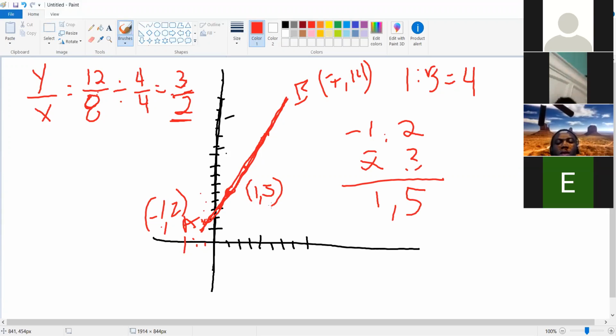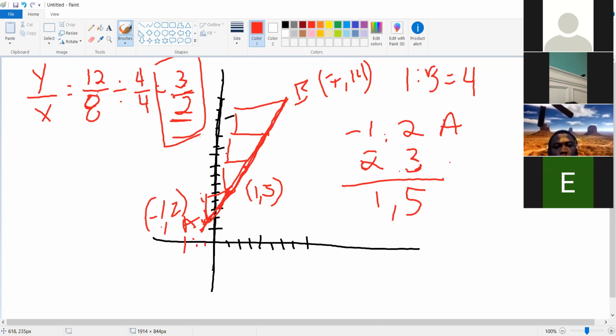And that would partition it into a 1 to 4 segment. And we know that we did that already by counting. There's our 1 to 4. Not the best drawing, but I think you get the point. You can add your A coordinate point to your new slope ratio that we got over here to get your total new partition point P.